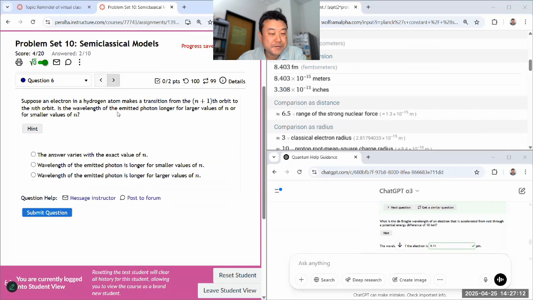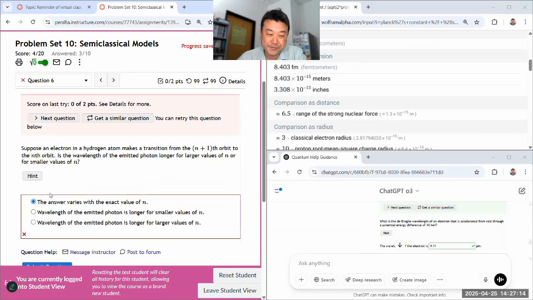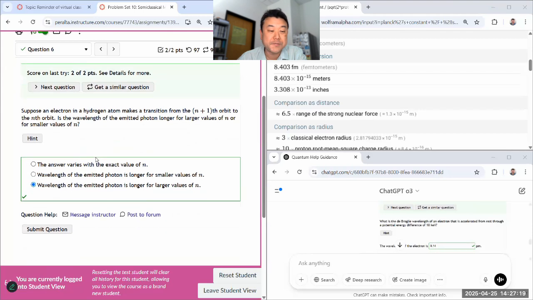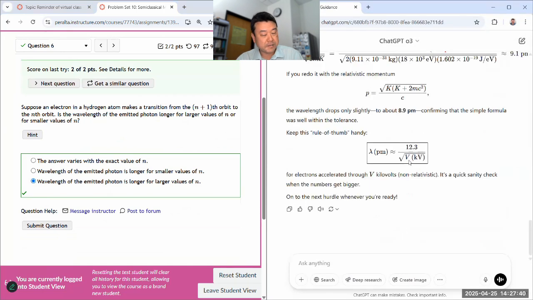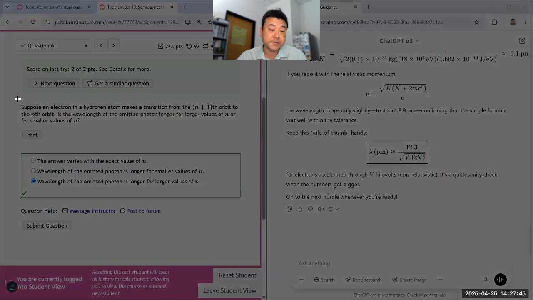It's multiple choice, so you could technically do this. Let me demonstrate another proper use of ChatGPT. Let's say you didn't quite understand the Bohr model, but because you got only three possible choices and hundreds of tries, you just tried every one of them and got the correct answer. You know that's the correct answer, and you don't know why. This is the kind of situation where ChatGPT can help you understand the correct answer.